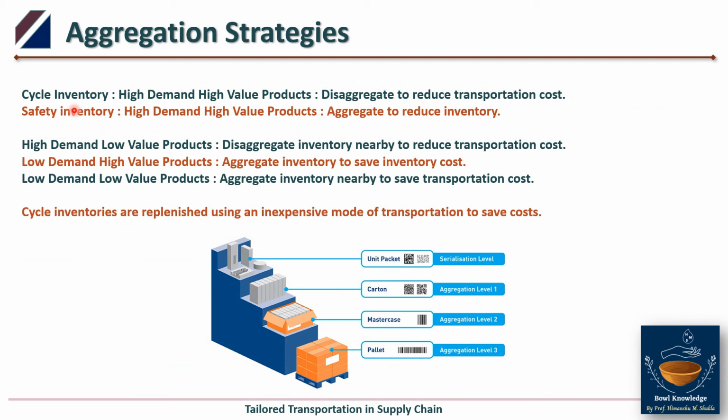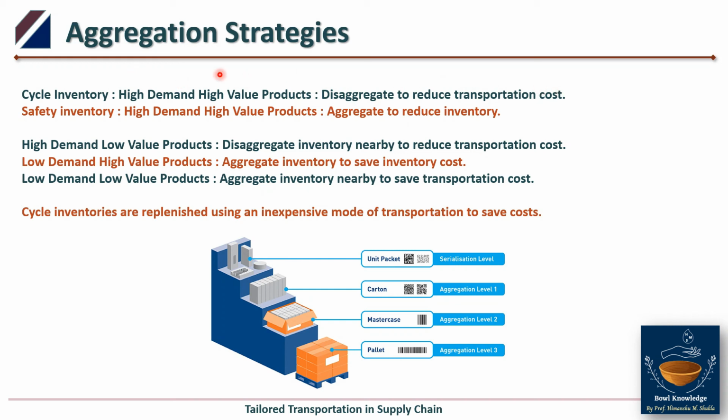So if we talk about cycle inventory, what is cycle inventory? For every cycle of production, we should keep some inventory. So if the product is for cycle inventory, and what type of product is there? It is high demand, high value product. Okay. Now keep this in mind. High demand, high value product. So you disaggregate to reduce the transportation cost. What it means?